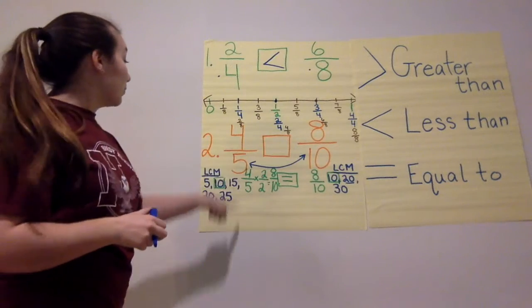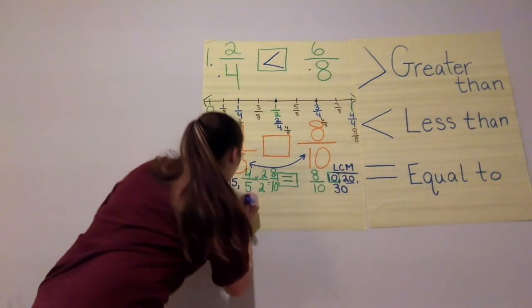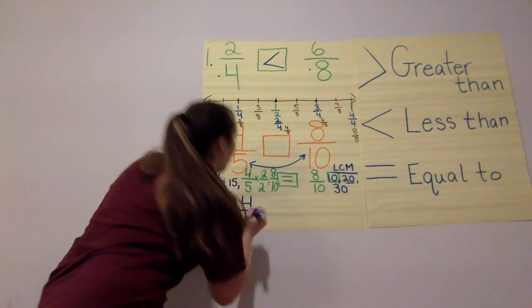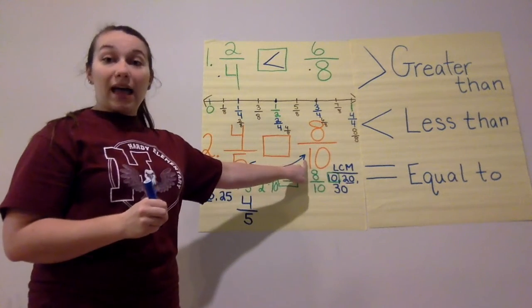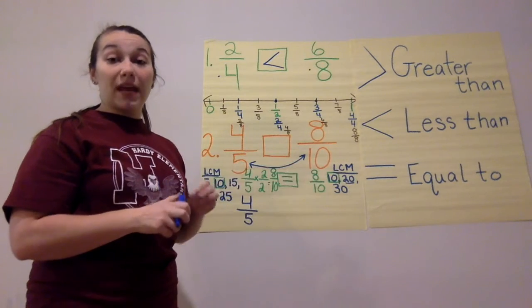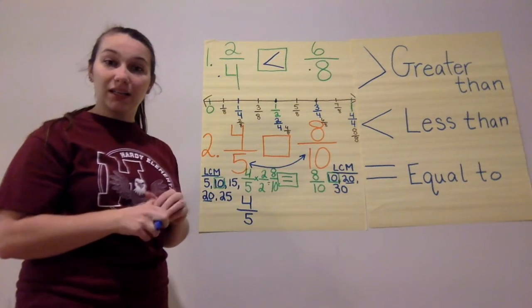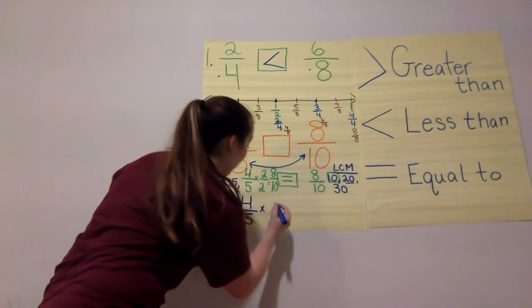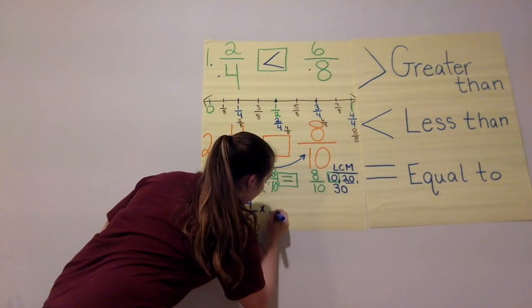So I'm going to rewrite this down here. I have 4 fifths. And I'm going to multiply by this denominator. And what's that denominator? 10. So I'm going to multiply 4 fifths by 10.